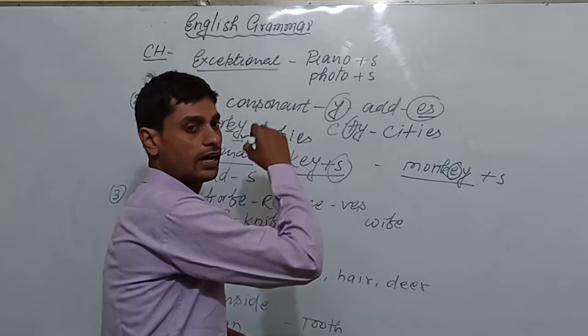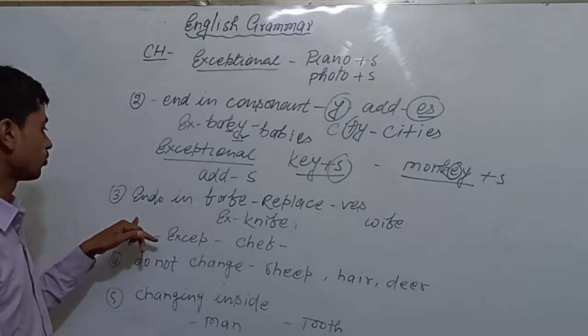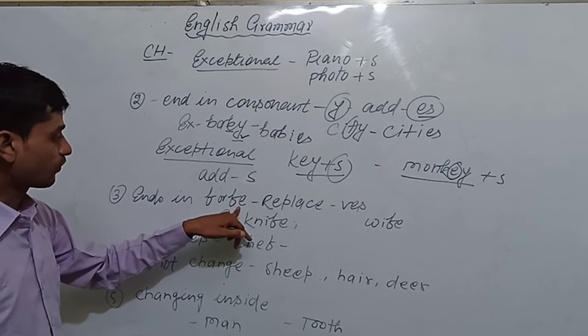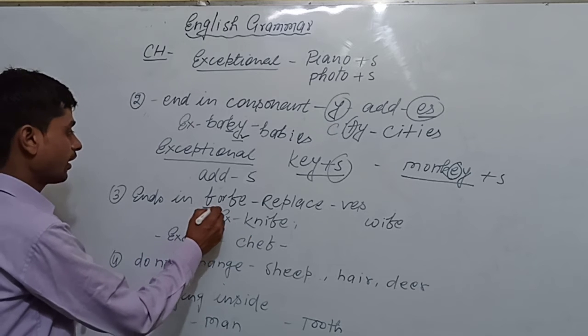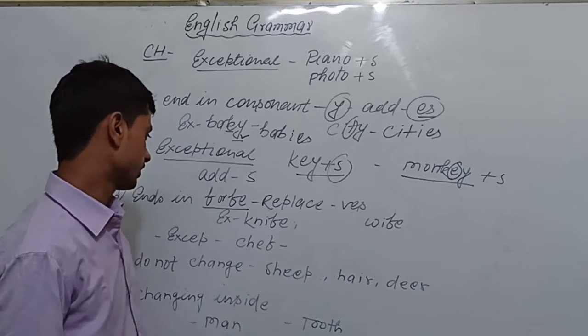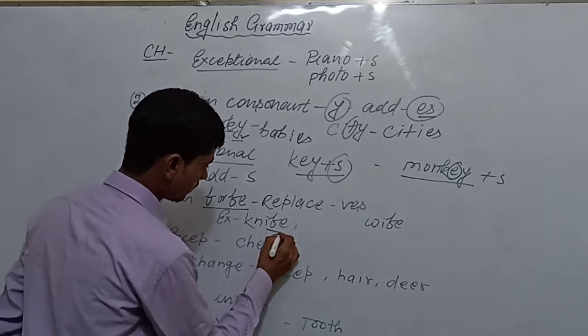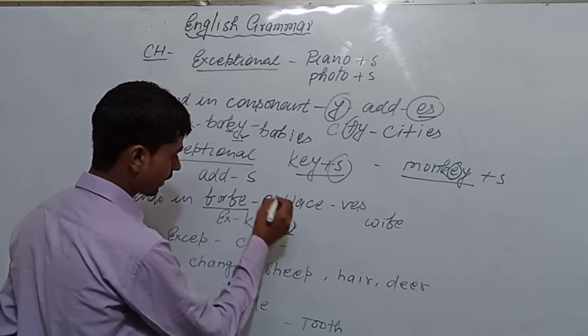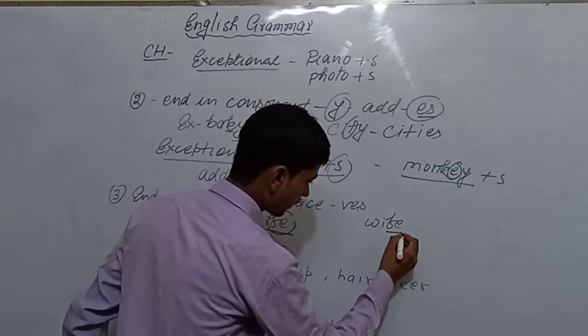Now next formula: some words end in f or fe, then f or fe is replaced with ves. In this word, what is the last letter? Fe, just like knife.